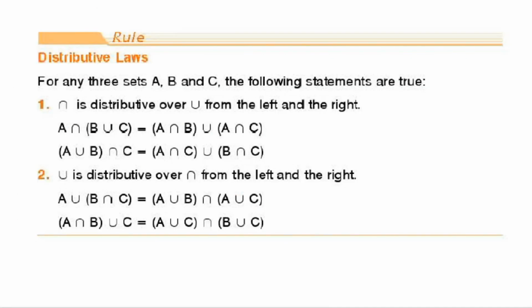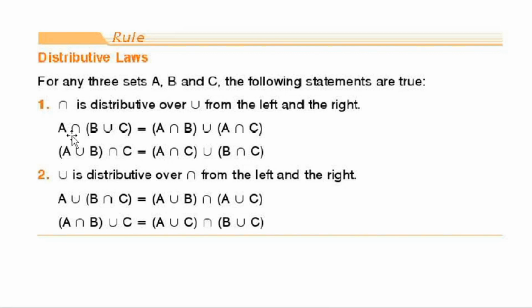We also have rules regarding the distributive laws. For any three sets A, B, and C, the following statements are true. Intersection is distributive over union from the left and the right. So this is what I'm trying to say.